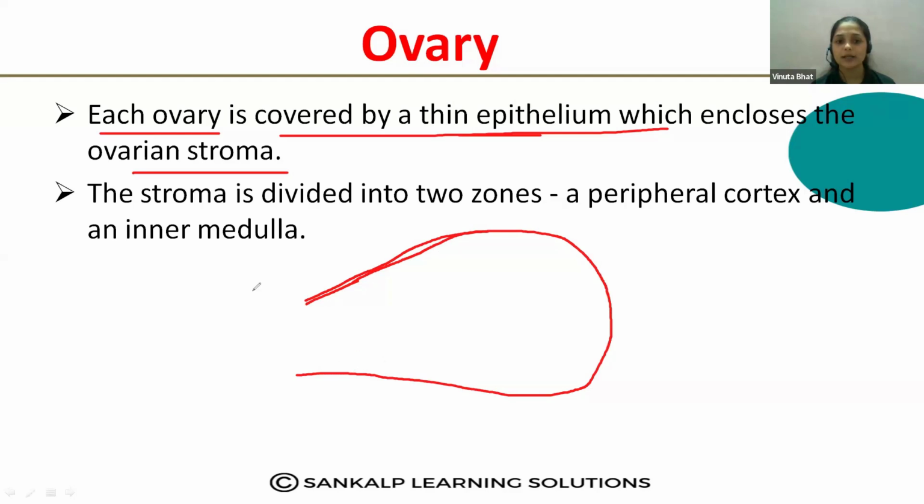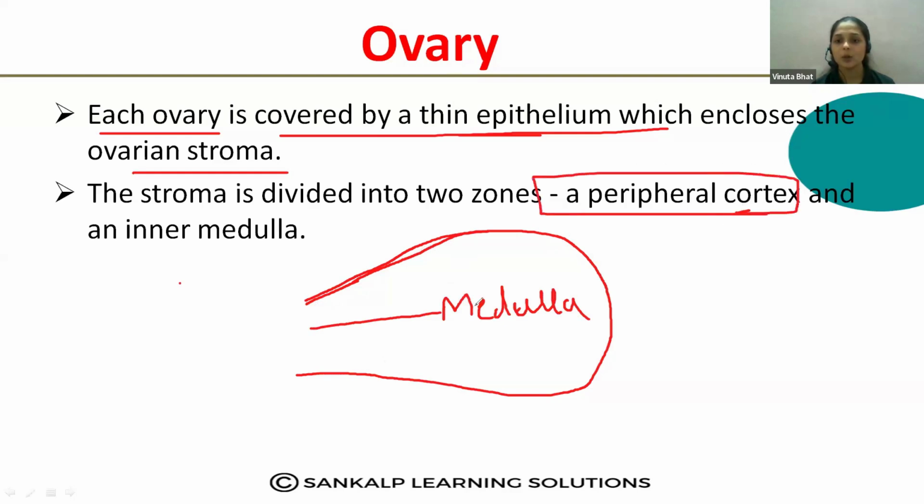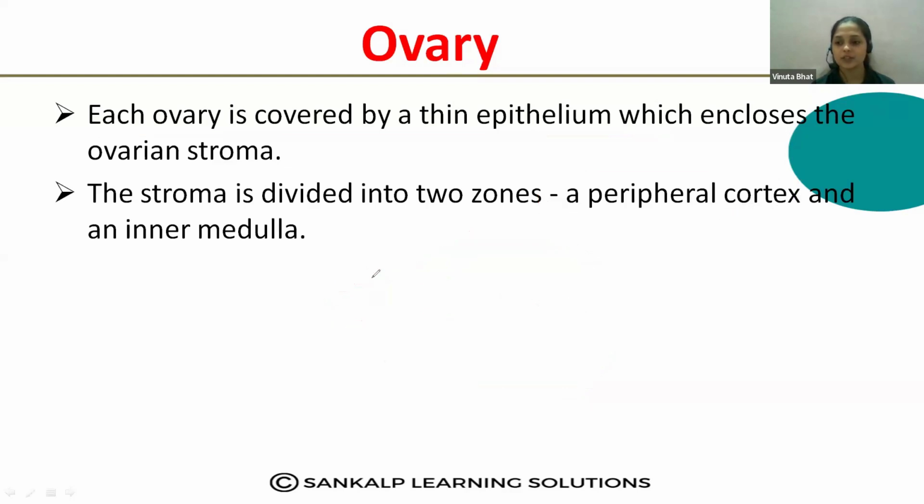The middle part is known as the medulla, and the outer peripheral part is called the cortex. In the medulla region, you can observe the blood vessels and some other structures.